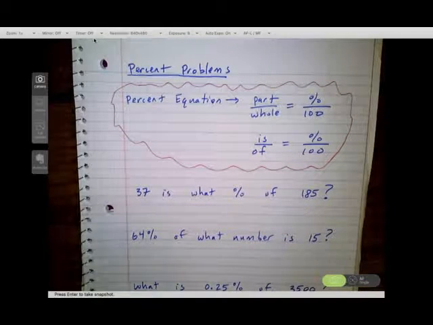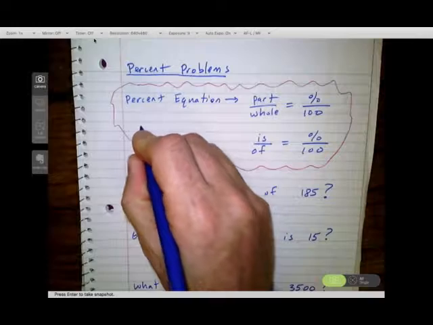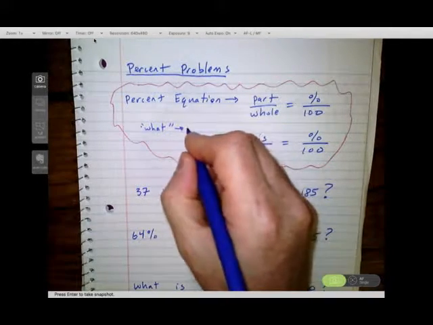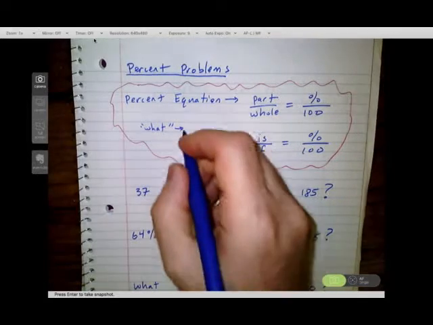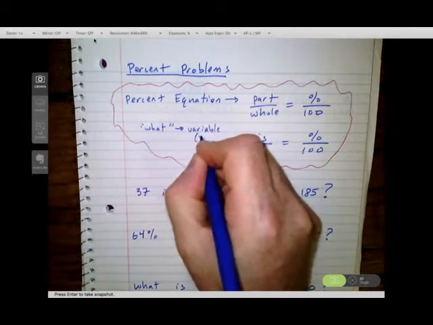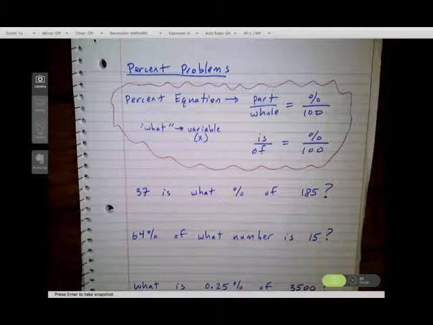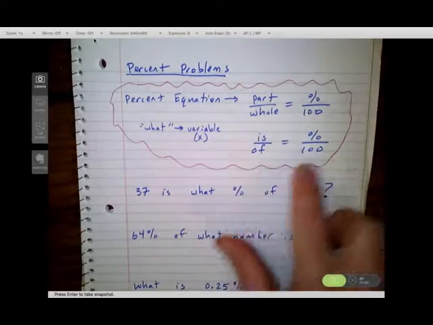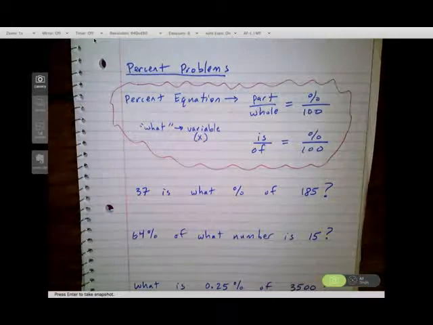And one other thing I'm going to write in here, and that is the word what is going to tell you where the variable goes. And for all of these, I'm going to use x. So look for what to figure out where you put the variable in this proportion that you're going to solve by cross multiplying.